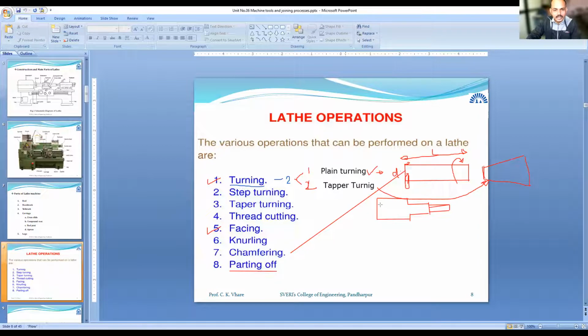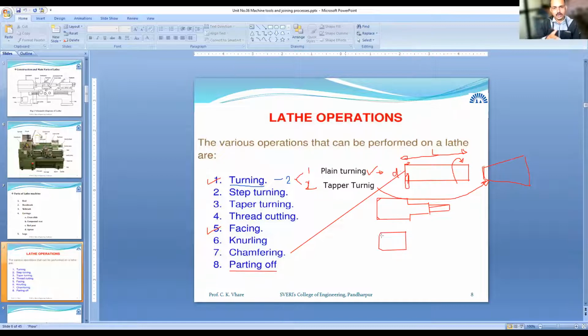To remove that, we can remove material like this, in this way, and here in this way, on both sides. So removing that corner, this process is called chamfering.